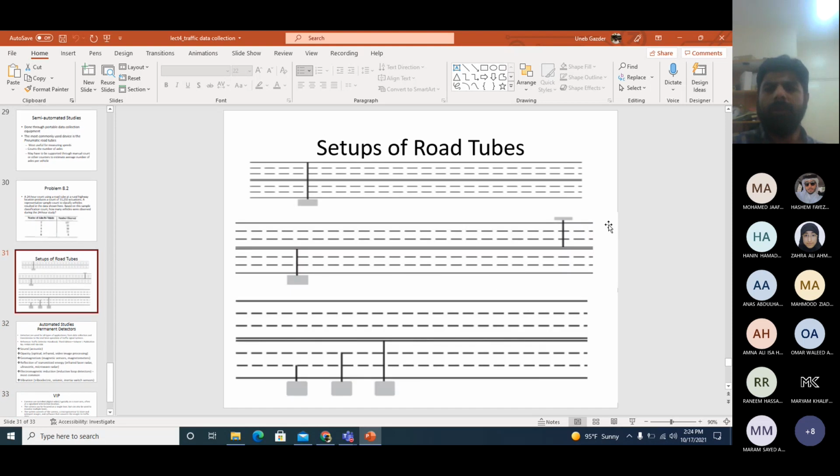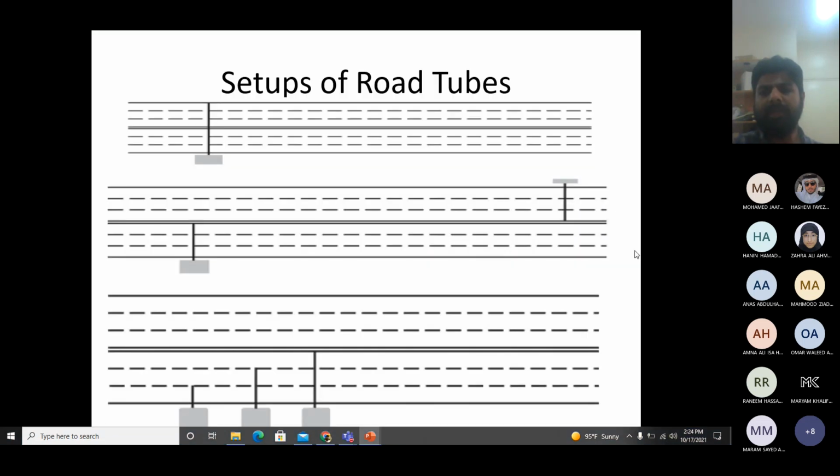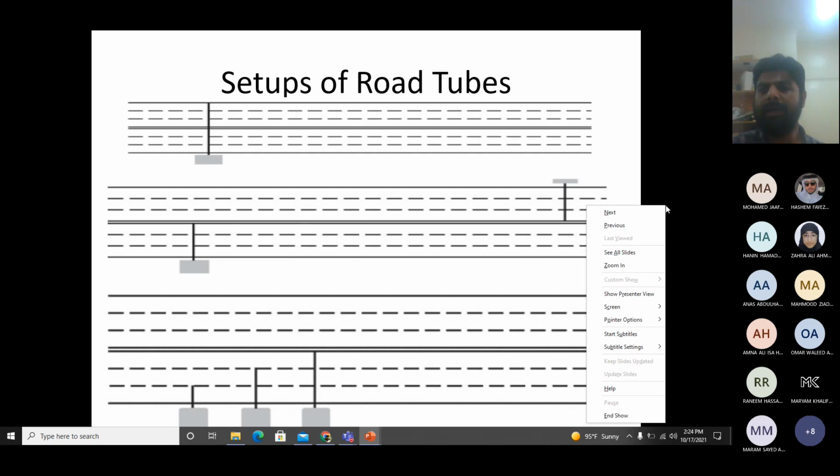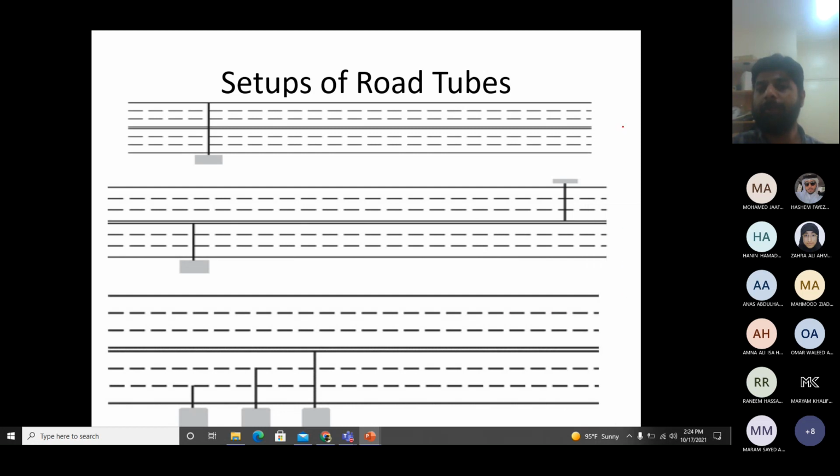Now in this particular slide, you can see 3 different settings of road tube for 3 different purposes. In figure 1, the top one, you see one road tube which is laid across the entire roadway, both directions.